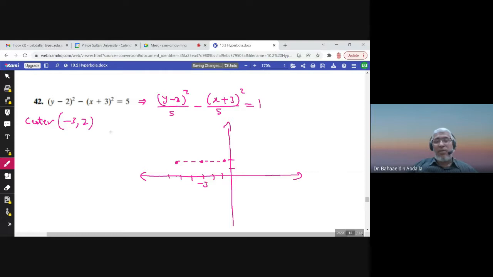And square root of 5, 2 units, point something, so I will reach here, 0.2, and 0.2, so I will reach here. And now I can draw the fundamental rectangle and then the asymptotes.